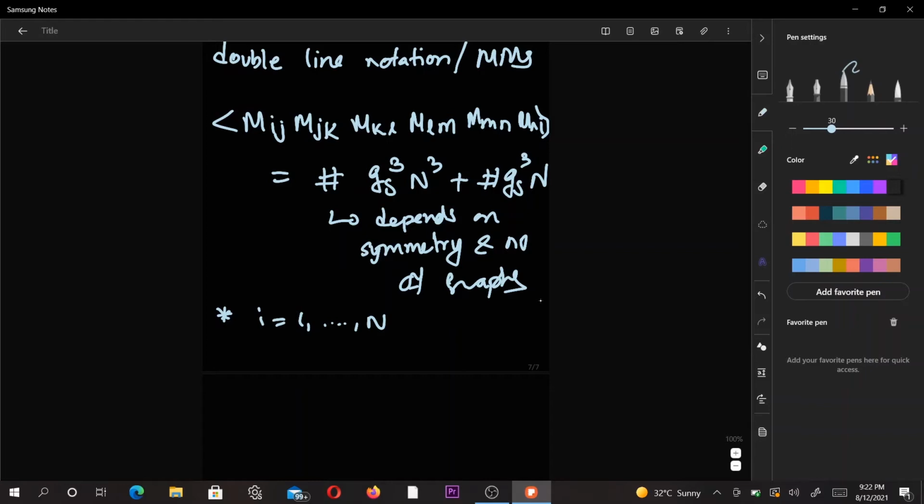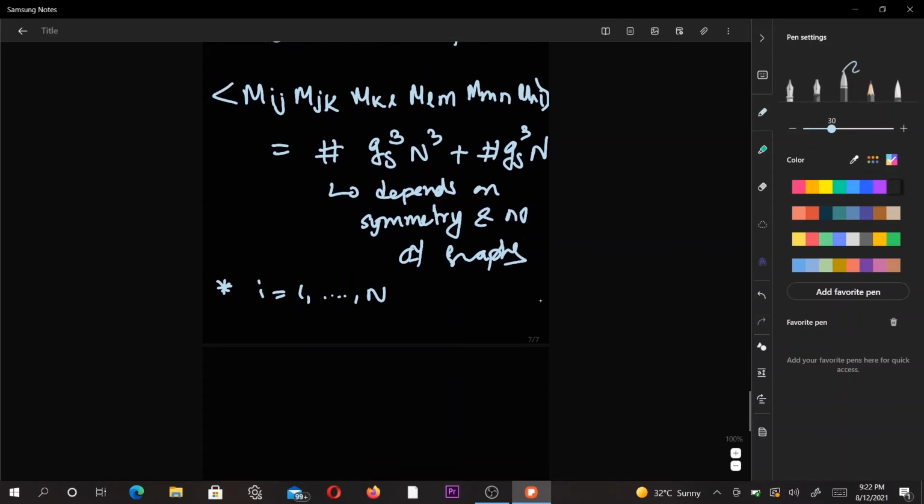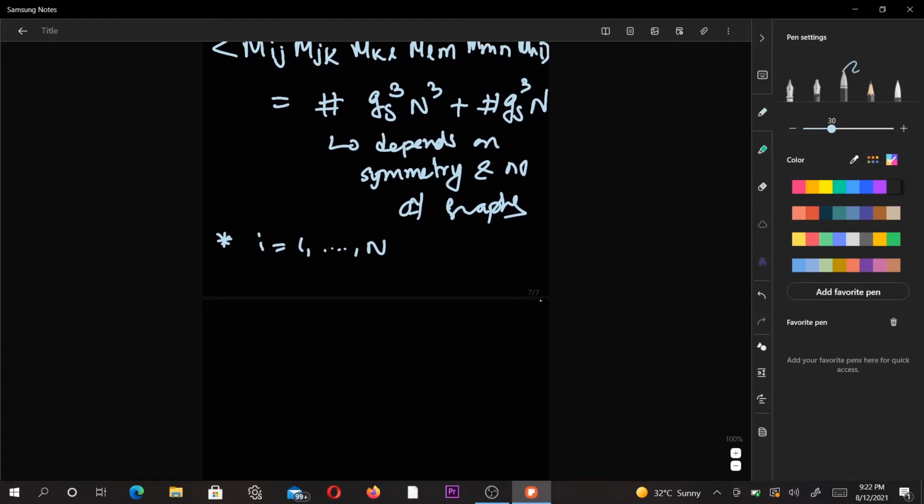You'll have around 5. Just try pairing them up. You'll get the number of pairs, and if you use Wick's theorem, you'll arrive at this. Just use the propagator and you're done.